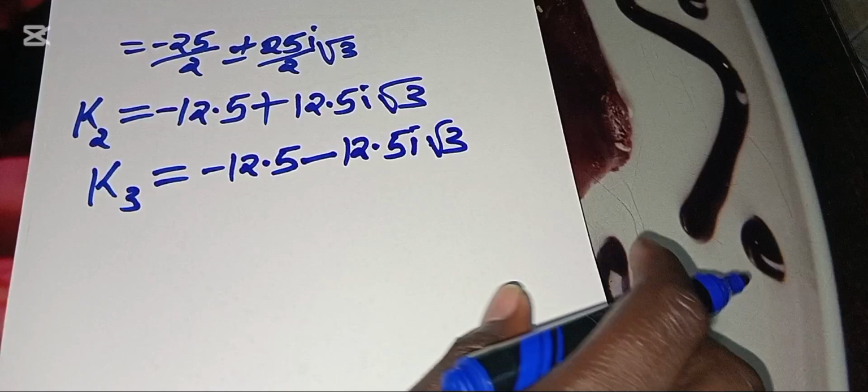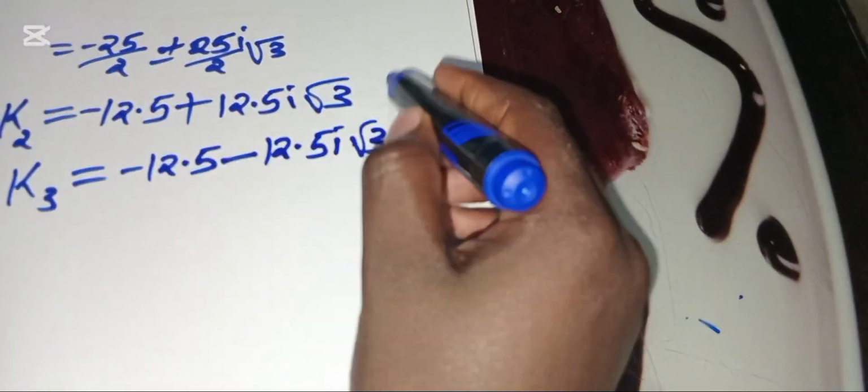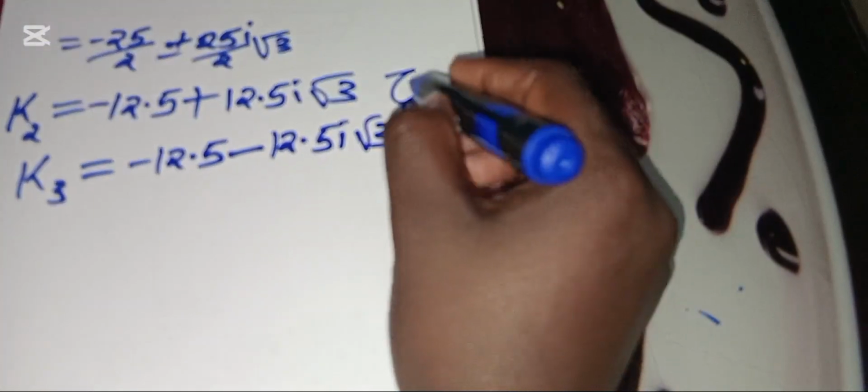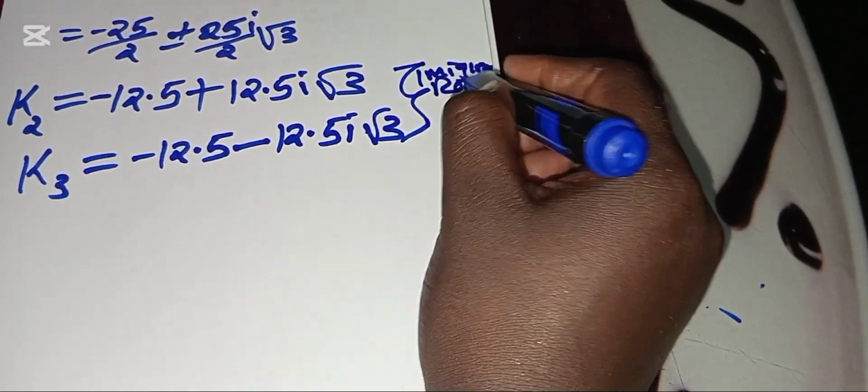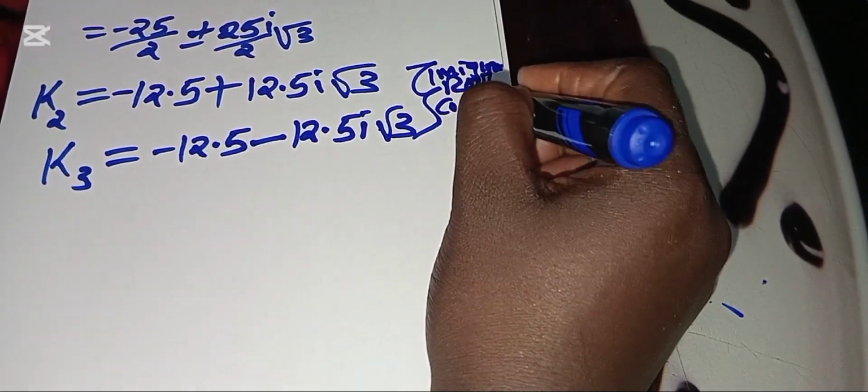Okay, now as you can see, these are two imaginary roots. These are not real roots, these are imaginary roots, or rather complex roots.